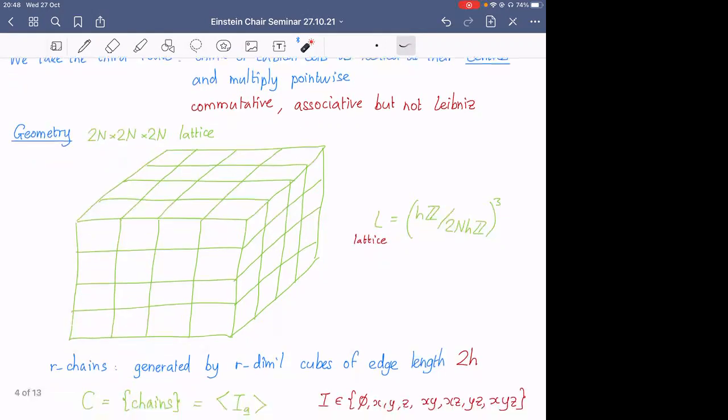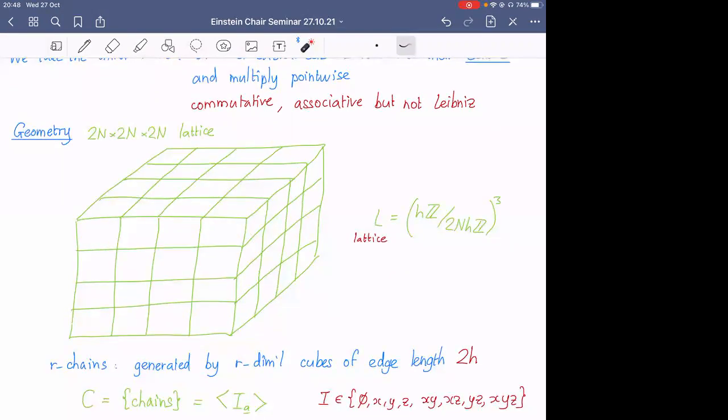The geometry we want to take is a lattice with spacing H, and the whole size of the lattice will be, say, 2n by 2n by 2n. So if you like, you can think of n being something very large, some power of 2, and H being something very small.